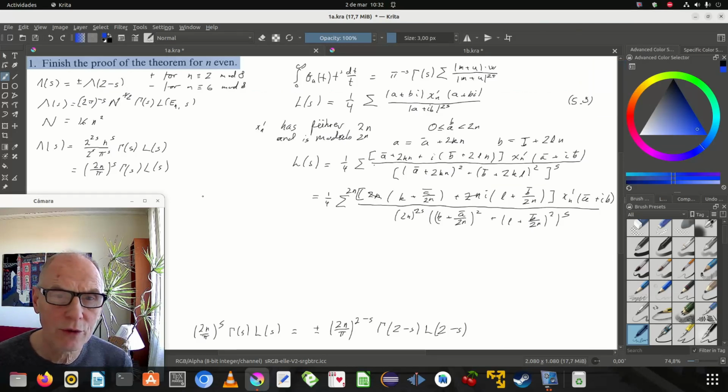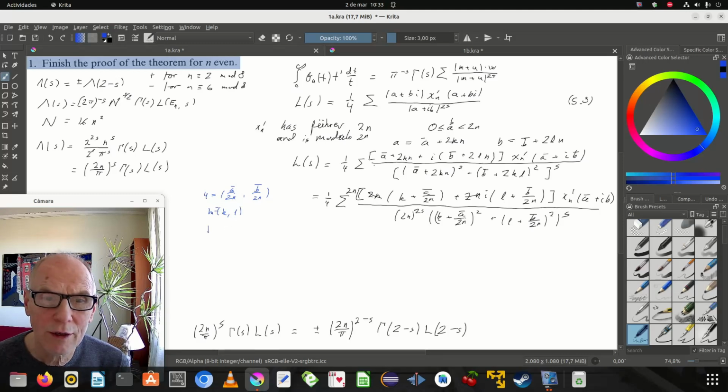So u equals a bar divided by 2n, b bar divided by 2n, and M is K, L, and W is 1, i.